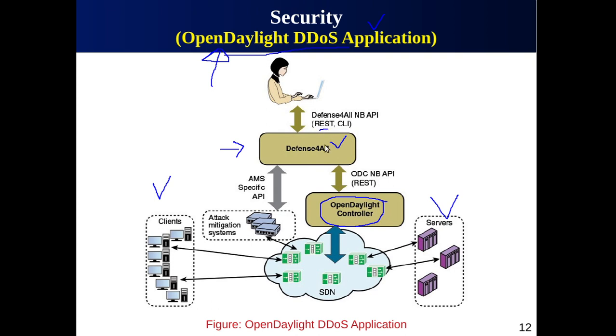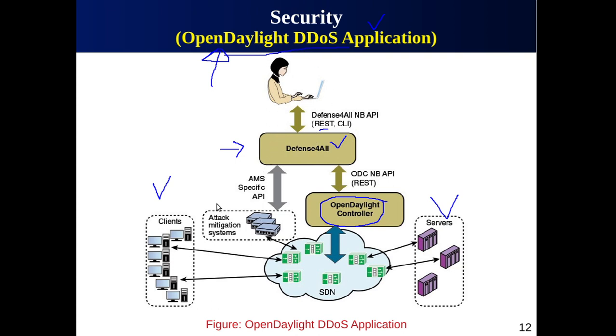And this application supports a user interface for the network manager that can either be a command line interface, or, if it is REST based, that is also possible. So you can define different policies for controlling different types of attacks related to the distributed denial of service attack.